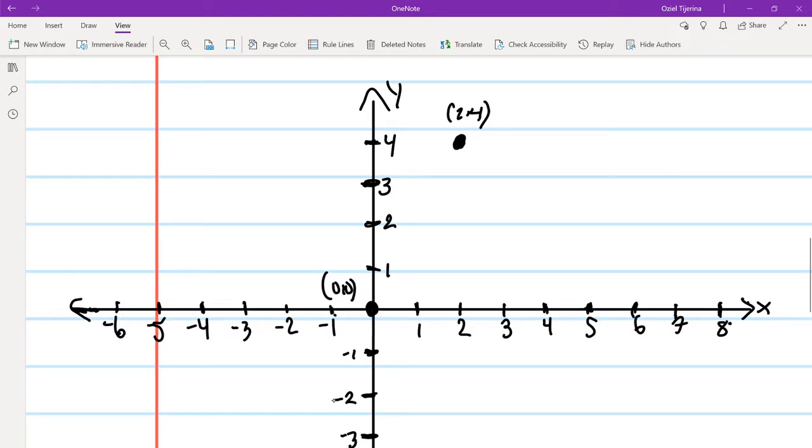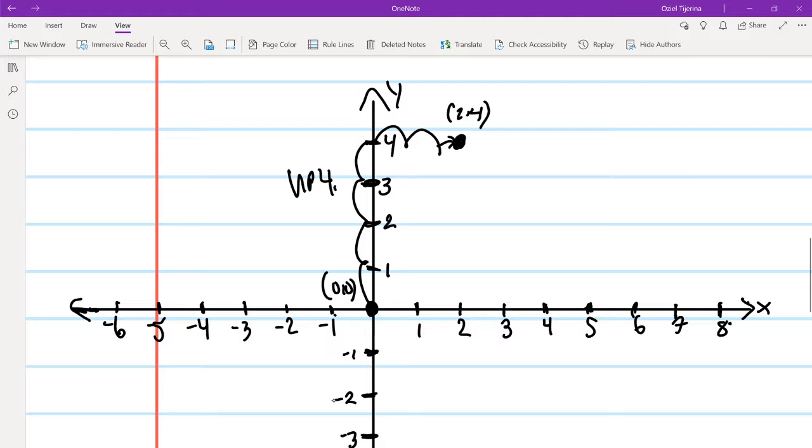Right here, how much did you rise by to get up to here? 1, 2, 3, 4. So you went up 4, and then you went right 2.